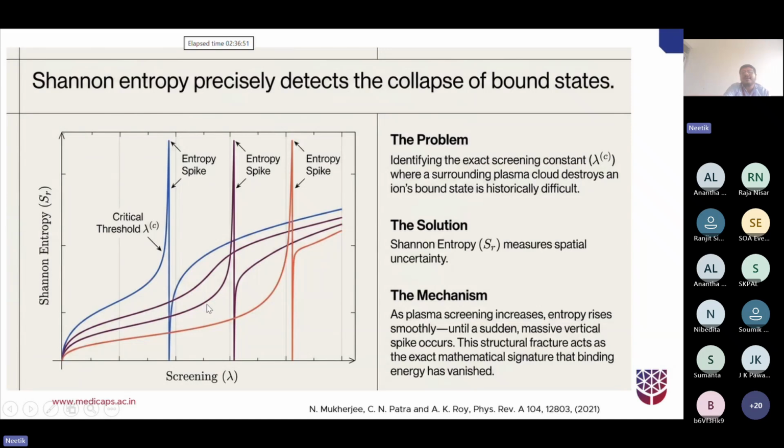We have done our results for different Z values, meaning different charges, and found that with increasing charge, such a collapsing point gets right shifted. So in all the cases, at the collapsing point, Shannon entropy jumps abruptly, and the position of that point gets right shifted with increasing charge.